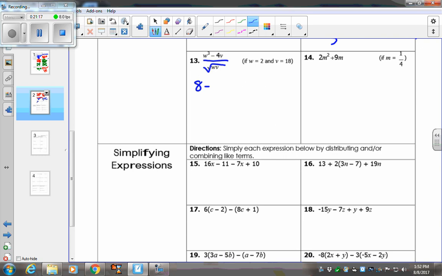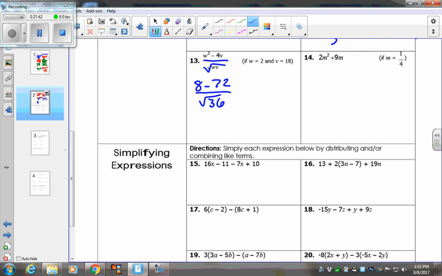Minus 4B. 4 times 18 is 72. So minus 72 divided by. What is 18 times 2? 36. So the square root of 36.